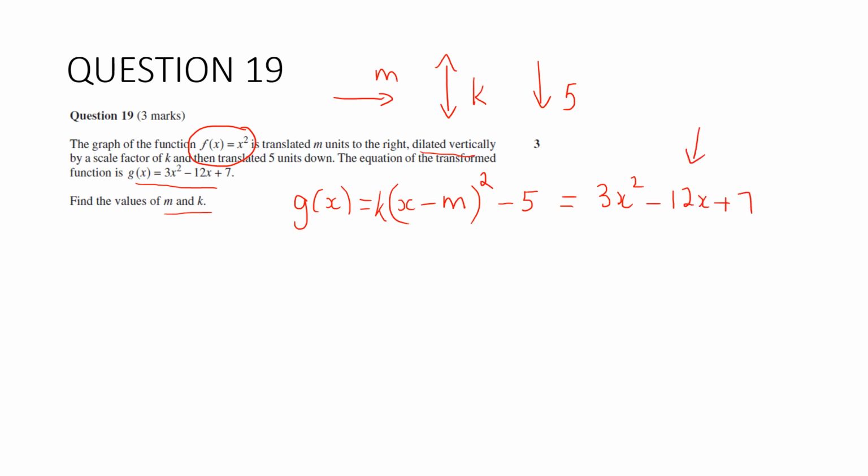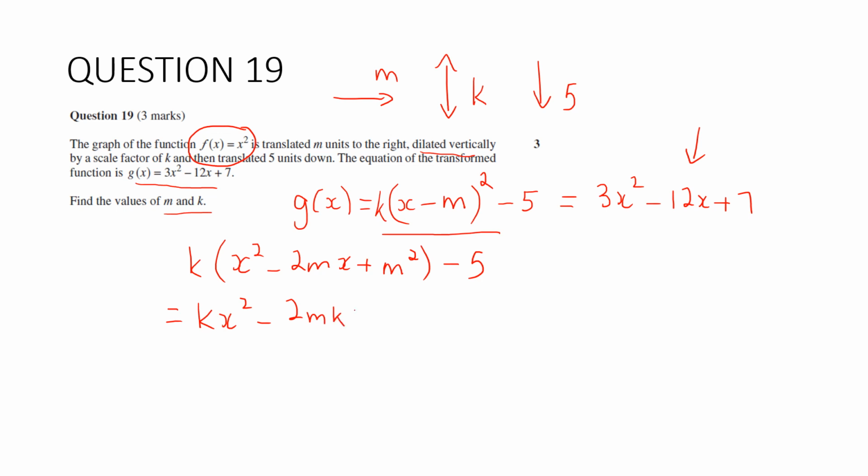Now you could work on this side and put it into vertex form, but it will be a bit yuck. So instead let's expand this out. k, x squared minus 2mx plus m squared, minus 5 is equal to kx squared minus 2mkx plus km squared minus 5. All right, we can immediately see that k is going to be equal to 3.